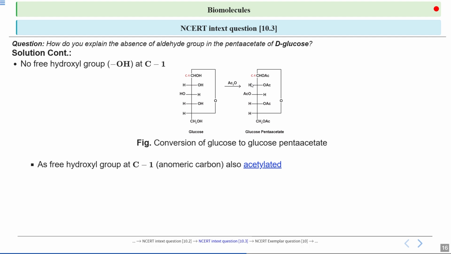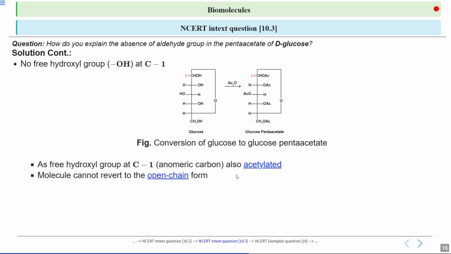This means it has been replaced by an acetyl group, so it is no longer available to participate in reactions that require a free OH group. There is no free hydroxyl group at carbon 1, as it has also been acetylated.